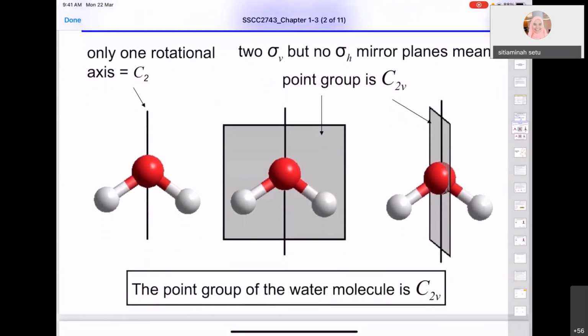This is water, H2O. If we perform its symmetry operations and symmetry elements, we will get the information that water has a C2 rotation, and water also has sigma V reflection, and it has two sigma V. One is in the plane of the screen, like this, and the other is between one OH and the other OH. So this is another sigma V.